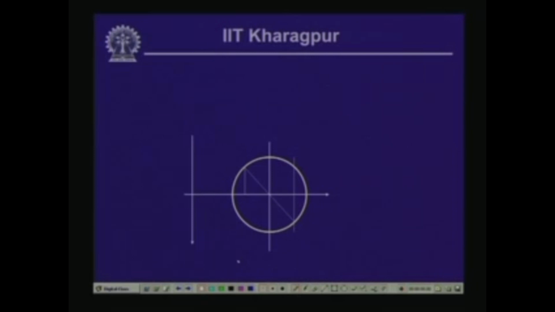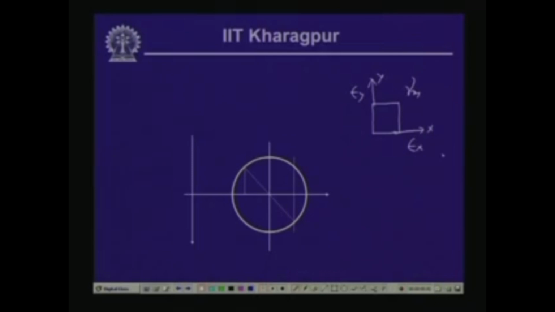Now, if you remember, last time we had discussed that we can plot the Mohr circle for evaluating strain at a point. Now, if we have an element which is subjected to strain, let us say this is the reference x axis and this is the y axis, the strains are epsilon x, epsilon y, and the shearing strain is gamma xy.